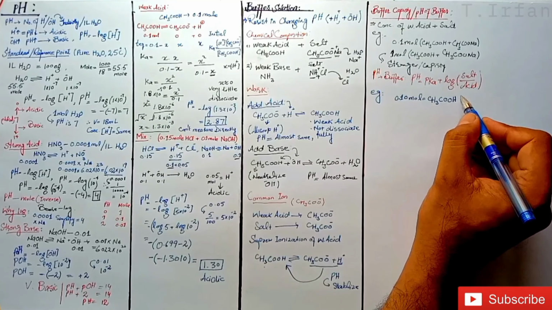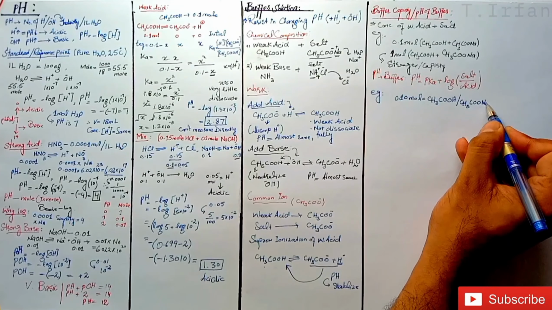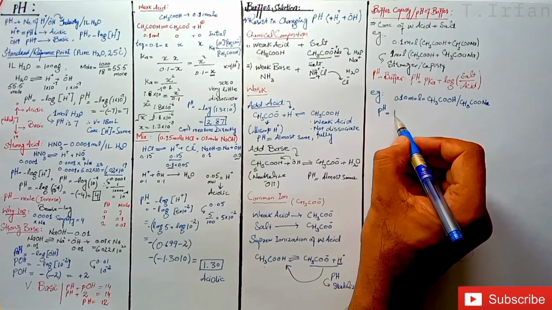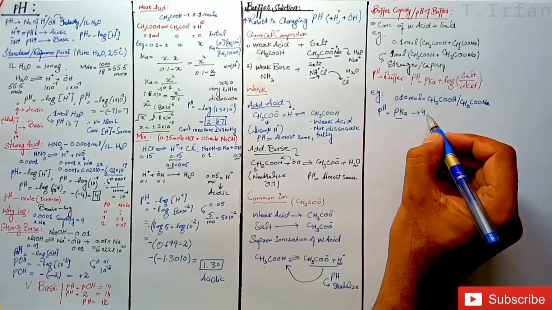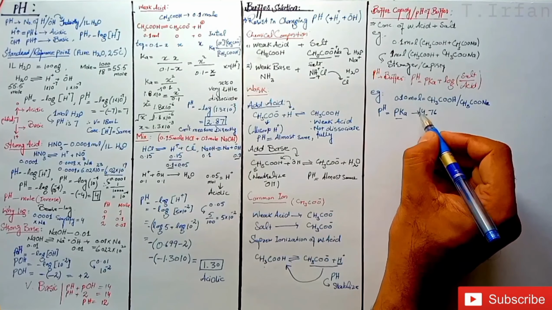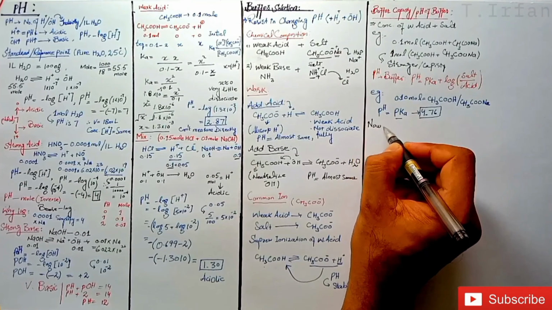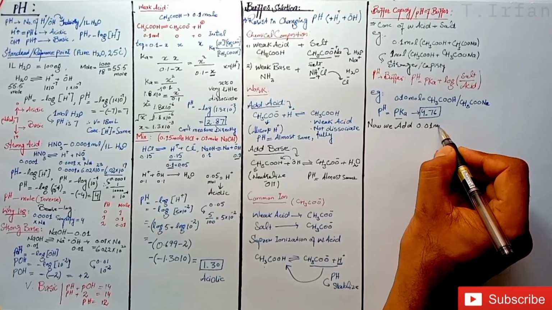Here the concentration of weak acid and its salt is the same. Now by using the Henderson equation we can calculate the pH of this buffer solution. As the concentrations of acid and salt are the same, the pH value depends only on the pKa value. The pKa value of acetic acid is 4.76. So this buffer solution has a pH of 4.76.